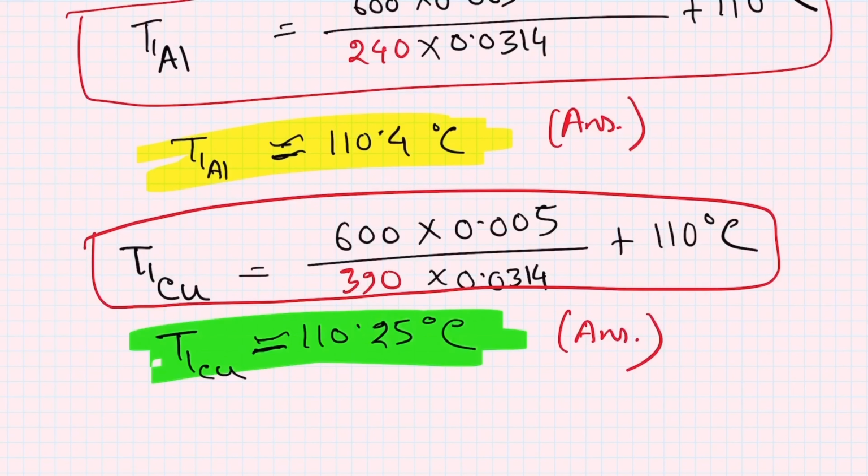When you are using a more conductive material, because copper's thermal conductivity is 390, which is greater than aluminum's 240, the temperature doesn't drop that much. Let's draw those two surfaces. This is the surface exposed to water, and this is the surface exposed to the stove.